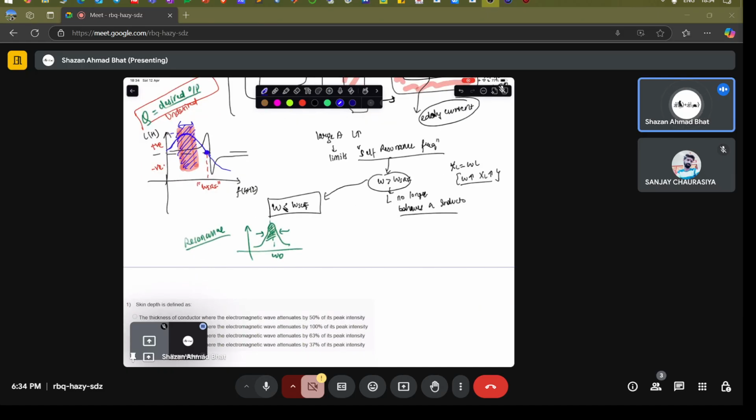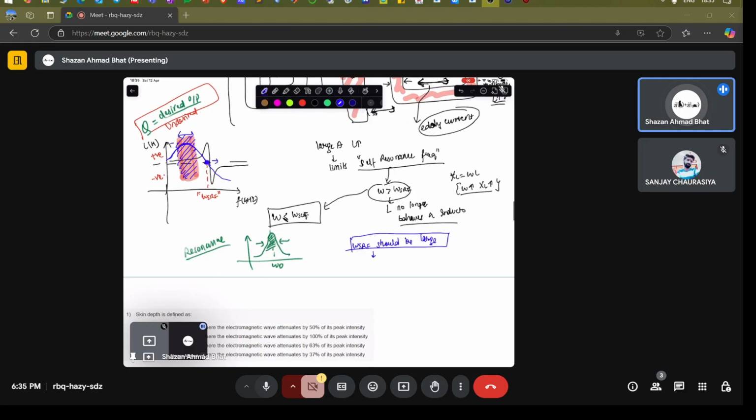Ideally, the self-resonance frequency should be large. That means you want this point to be at a very high frequency. You don't want the non-ideal effects to take over earlier. So this particular frequency should be large.